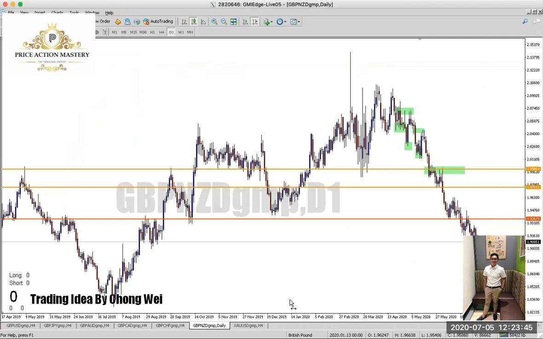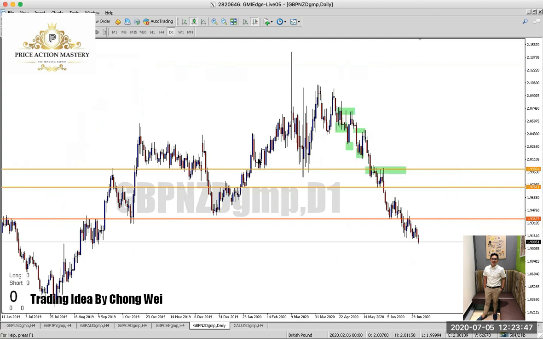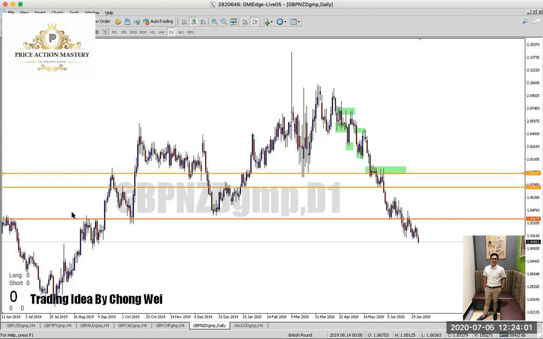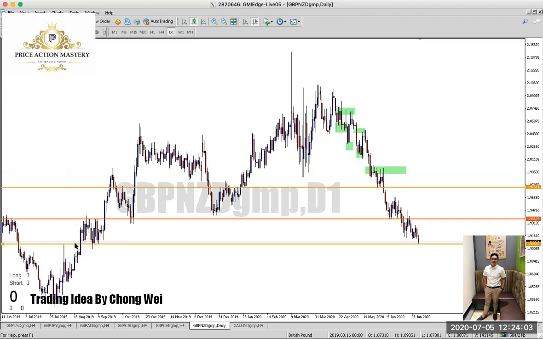GBP NZD, on the daily time frame, is overall a downtrend, but we can see the market at a support level.